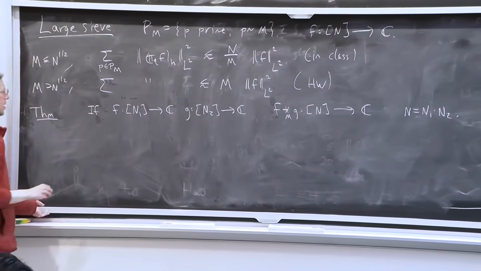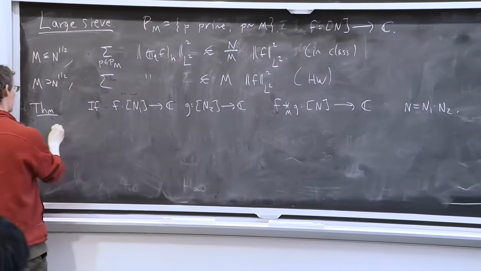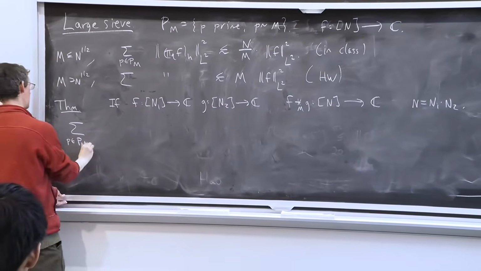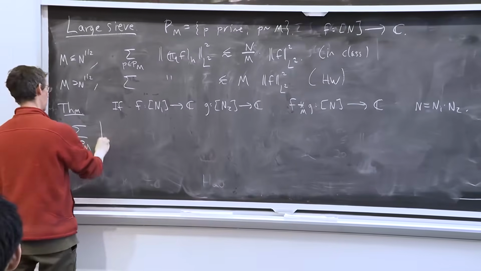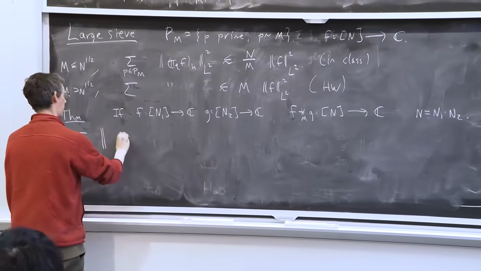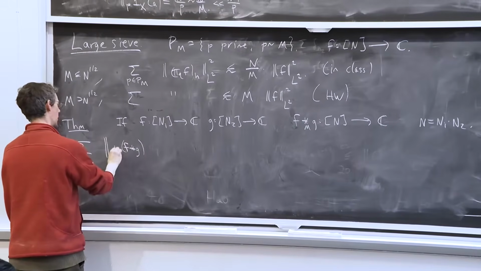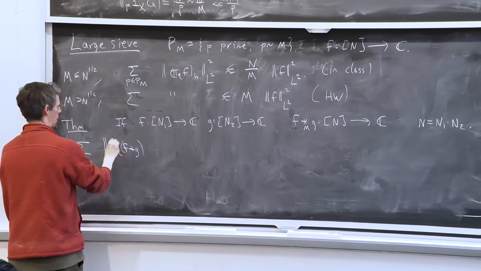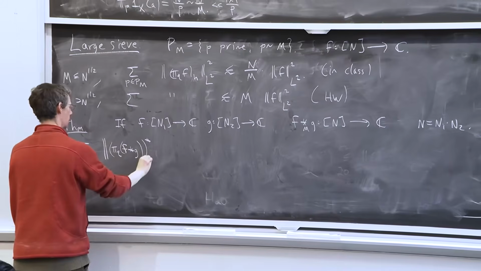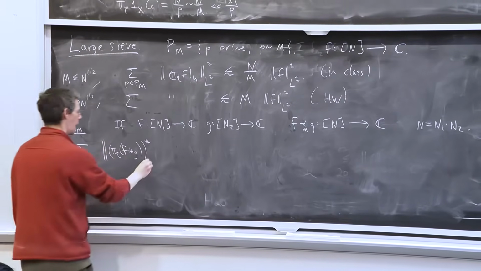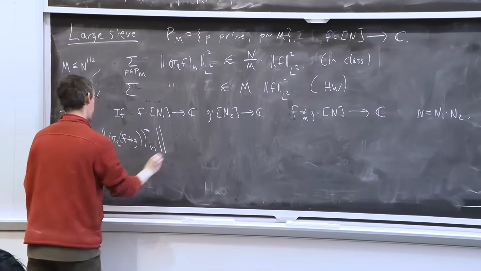OK. And then I can take the sum over p in Pm of f convolved with g. I project it mod q. I maybe take the star part. That doesn't matter if you do it or not, but in our application we'll do it. And then subtract off the constant.